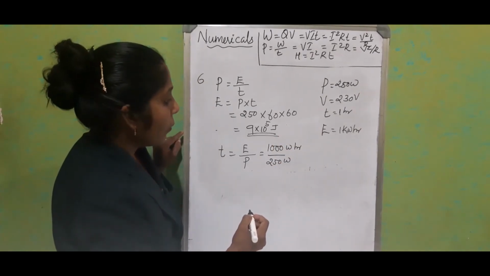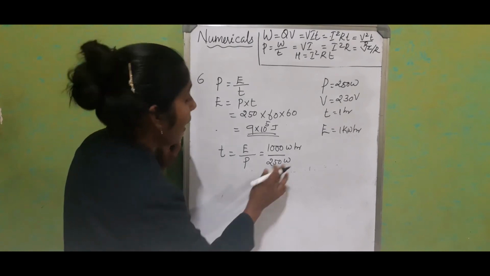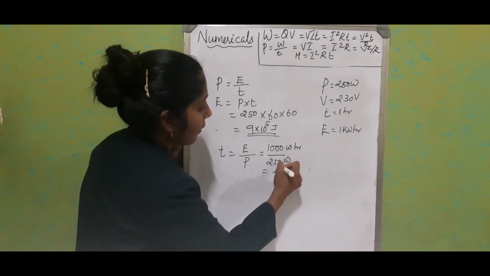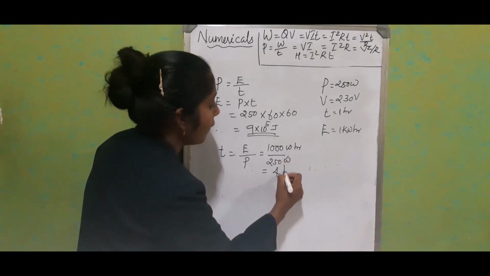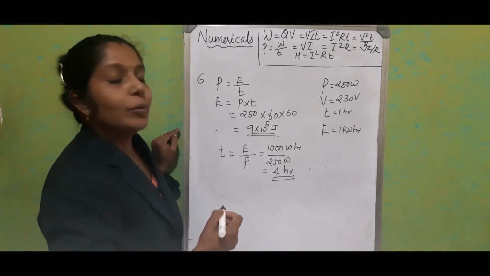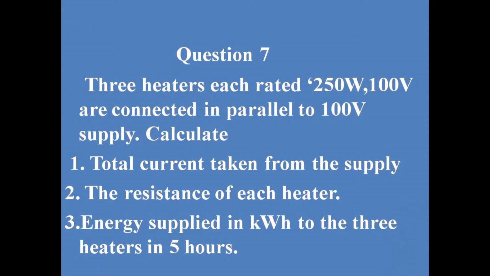So 1000 watt hour divided by 250 watt gives 4, and watt will cancel off. We'll get 4 hour. Okay, let's move on to the seventh question.